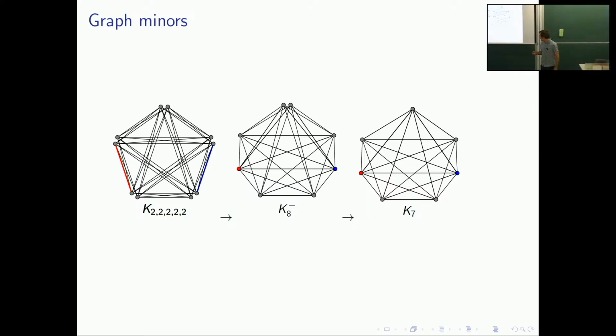But there's another way of talking about graph minors. So instead of talking about this sequence of operations, we can just look at this graph here and say that, well, in this graph, we can represent every vertex of K7 with a connected subgraph.